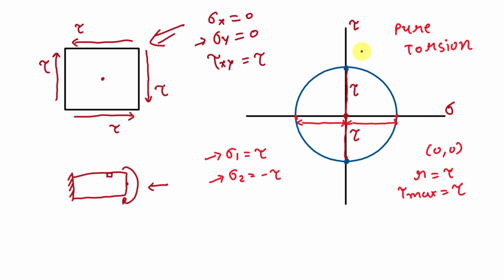Fine. Now see that if you find all these values, means the values of sigma 1, sigma 2 and tau max, by using the equations that we have discussed in the previous video, then we can also find out the values of sigma 1, sigma 2 and tau max. But I think that it is easy to find these values from this Mohr circle.